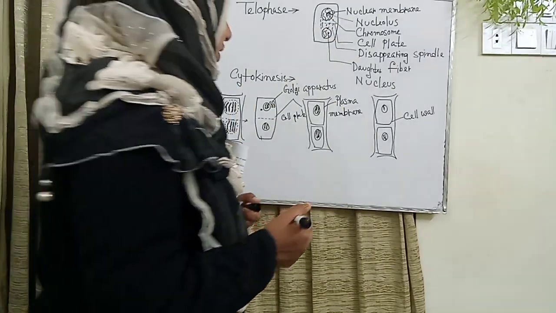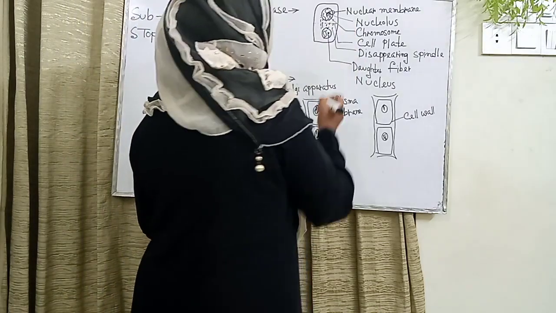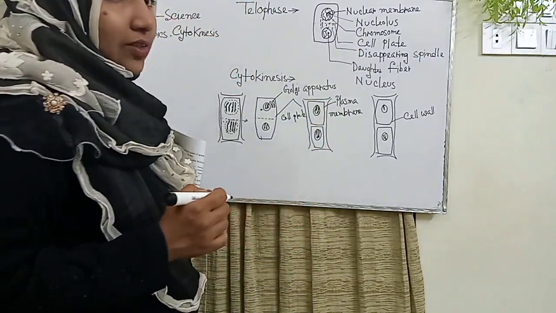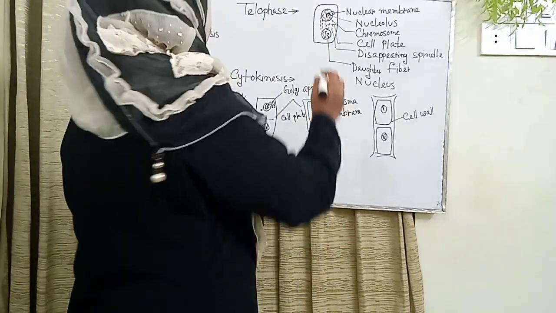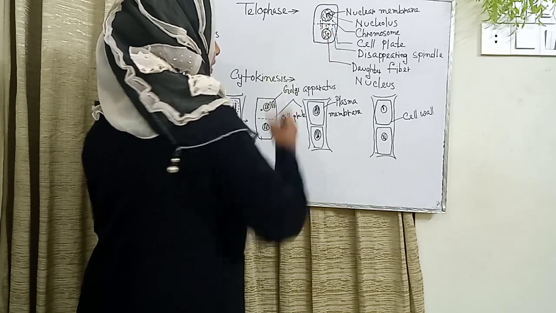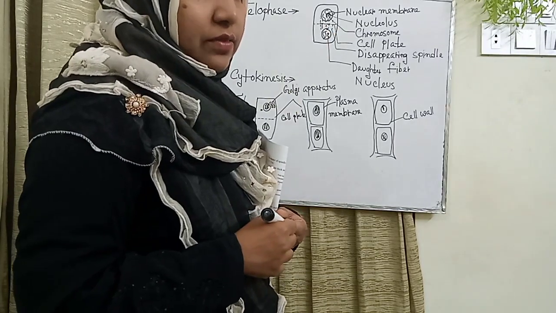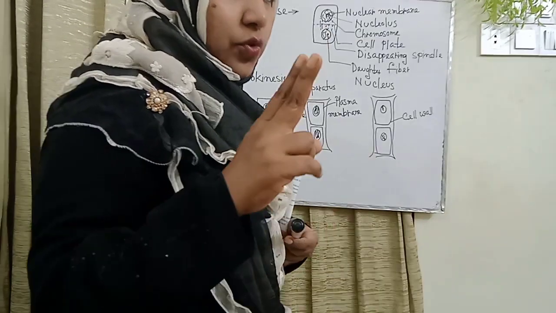This structure is the chromosome, which is also developed. And this structure is the cell plate, because it's the telophase. This one cell is divided into two.